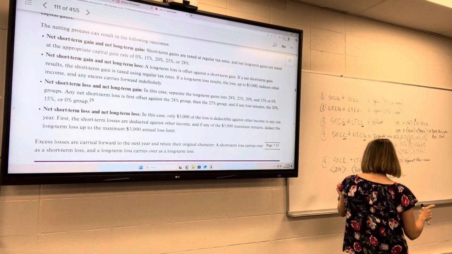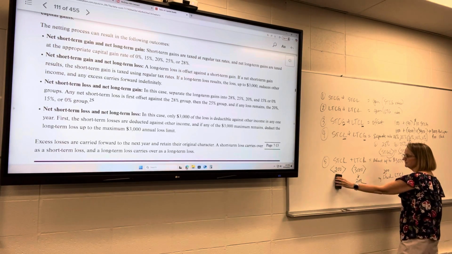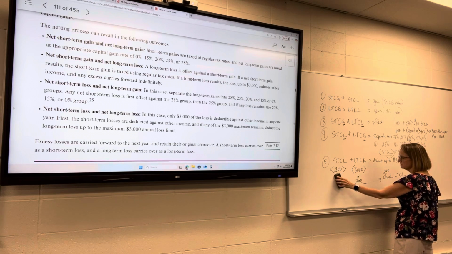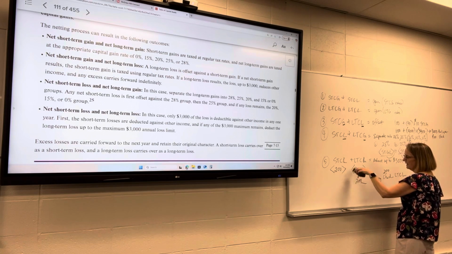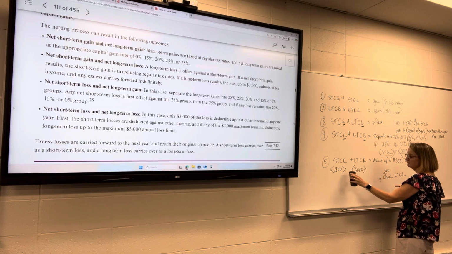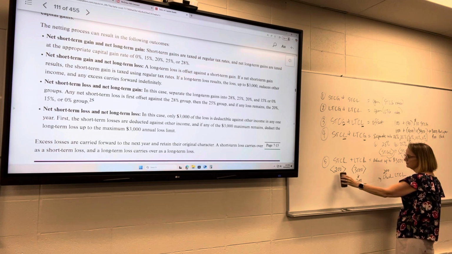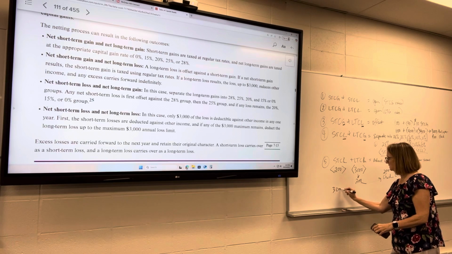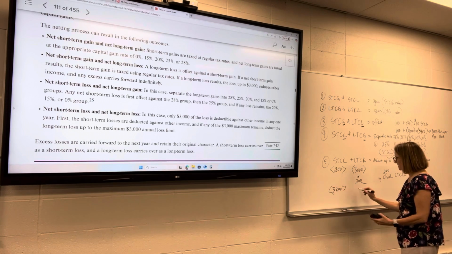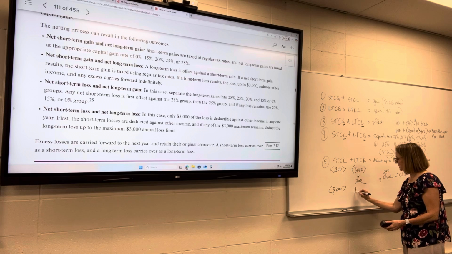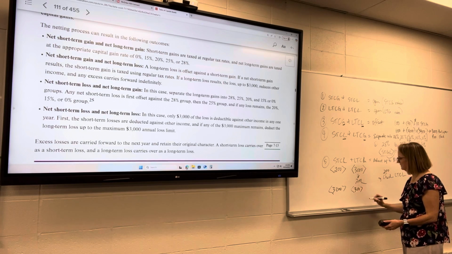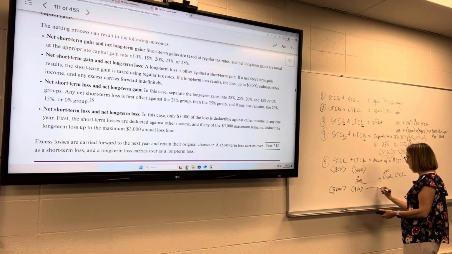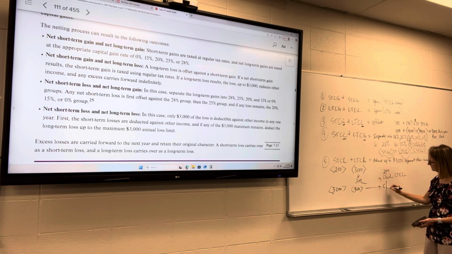If it were the opposite, let's say it was a $3,200 short-term capital loss and a $300 capital gain, then we would carry forward $500.